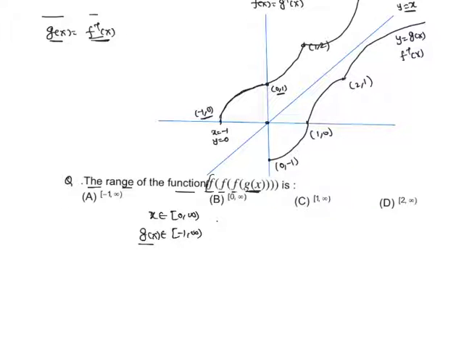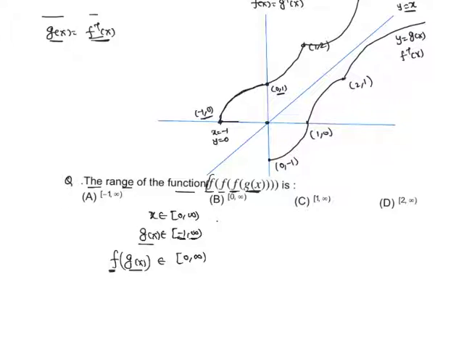Now we have to apply f. With respect to f, g of x becomes the domain, and its value is -1 to infinity. So we will see the graph of f from -1 to infinity. If I check -1 to infinity, the f function lies from 0 to infinity. So f of g of x lies in the closed interval 0 to infinity.